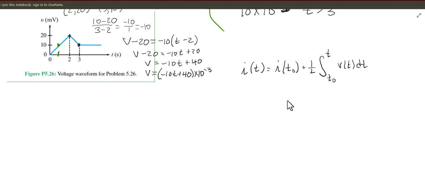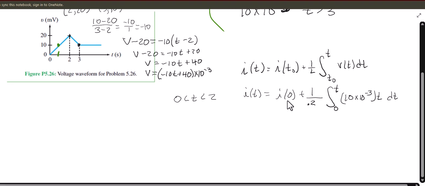So for our first part, for t between 0 and 2, I of t, so this means t naught is 0, will equal I of 0 plus 1 over L, and L is 0.2, integral from 0 to t, and that t, like I said, just stays t, and our function was 10 times 10 to the negative 3 t dt.